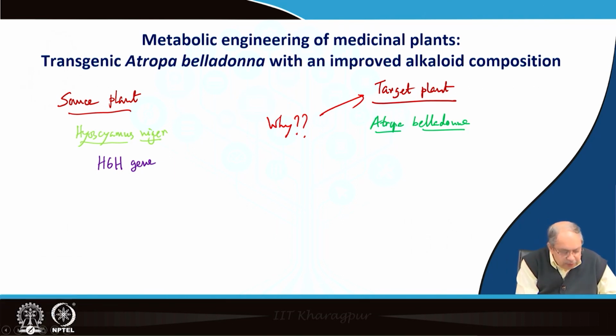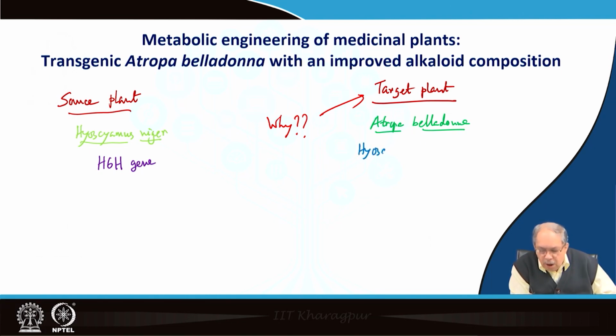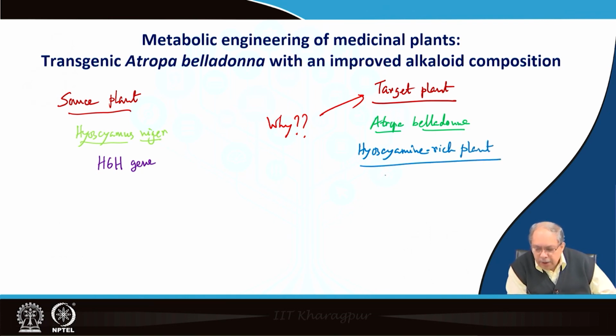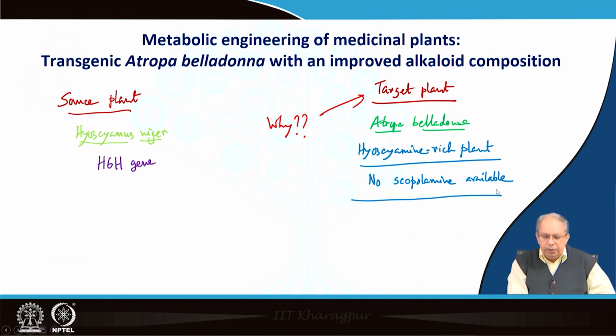To answer this, the first important point is that Atropa belladonna is a hyoscyamine rich plant, and there is almost no scopolamine available in the plant, or no scopolamine detected in the plant. That is the point, right.